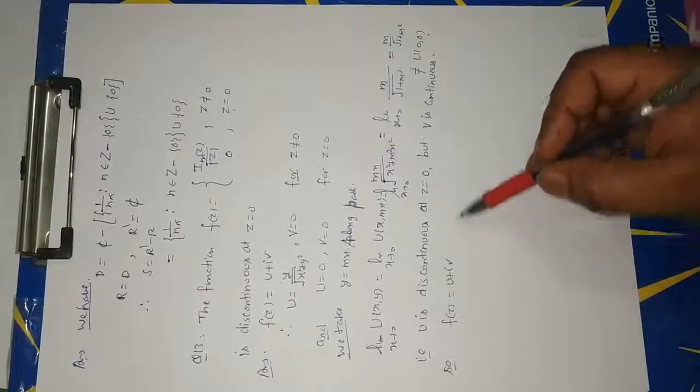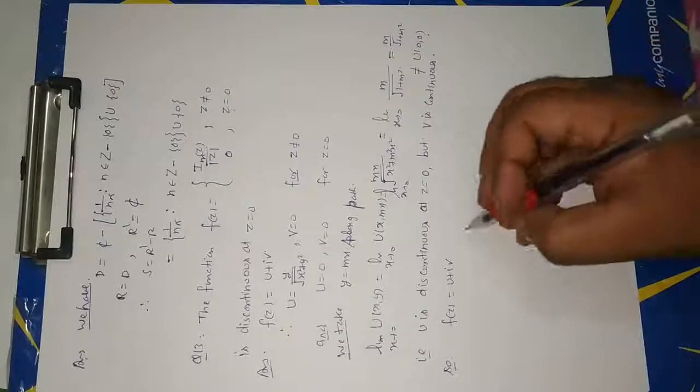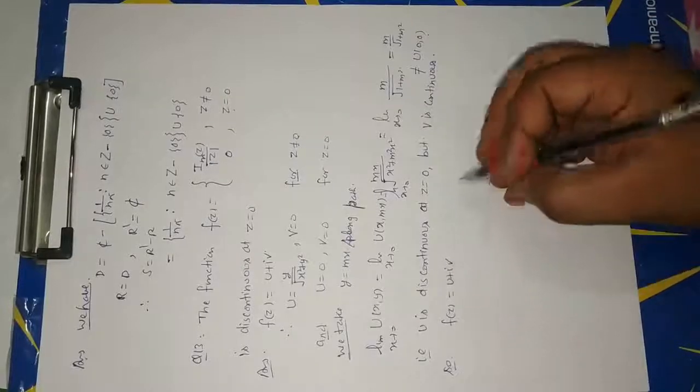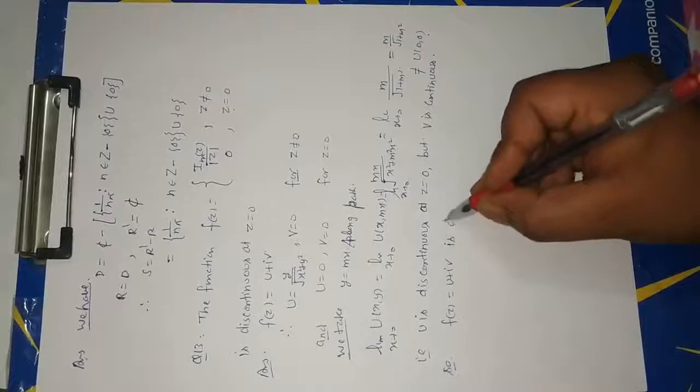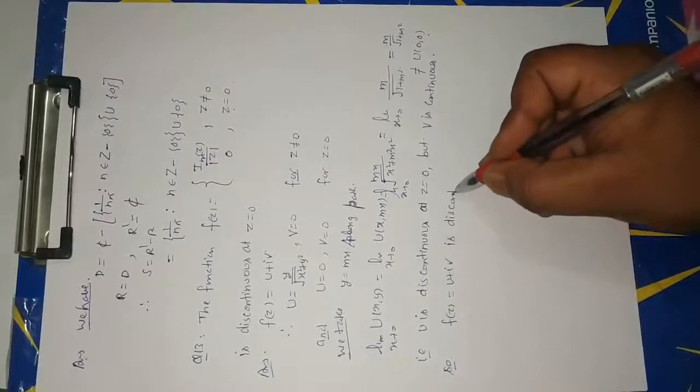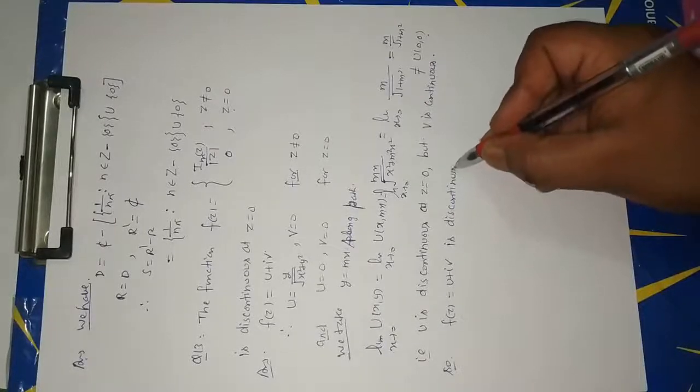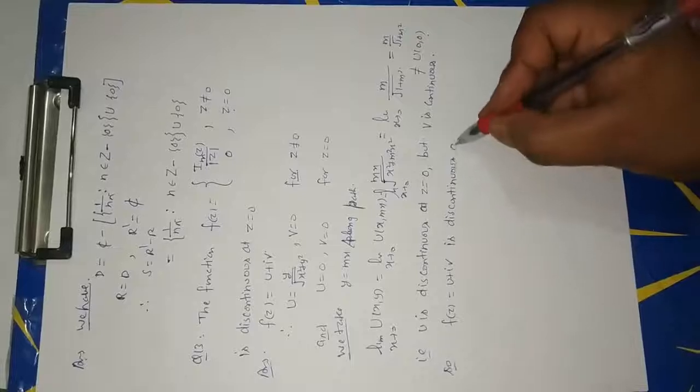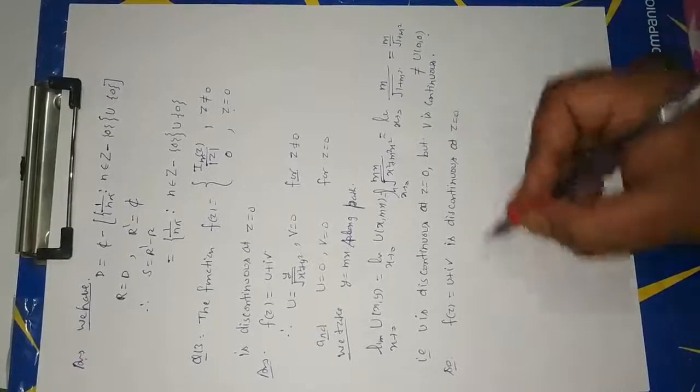U is discontinuous, v is continuous, so the combination of both is discontinuous at z equal to 0. Okay, student?